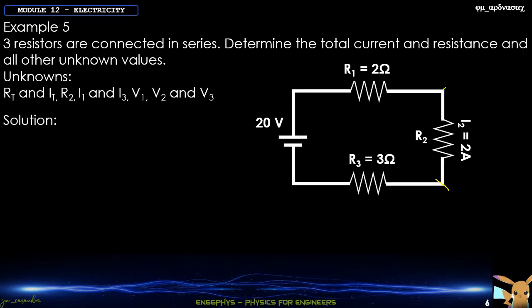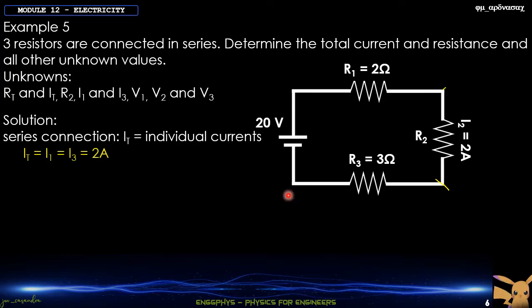So for our solution, we can identify first our current. Since it's in series connection, we know that the individual currents are equal to the total current. And we are given here the value of one of the currents through our R2, which is 2 amperes.